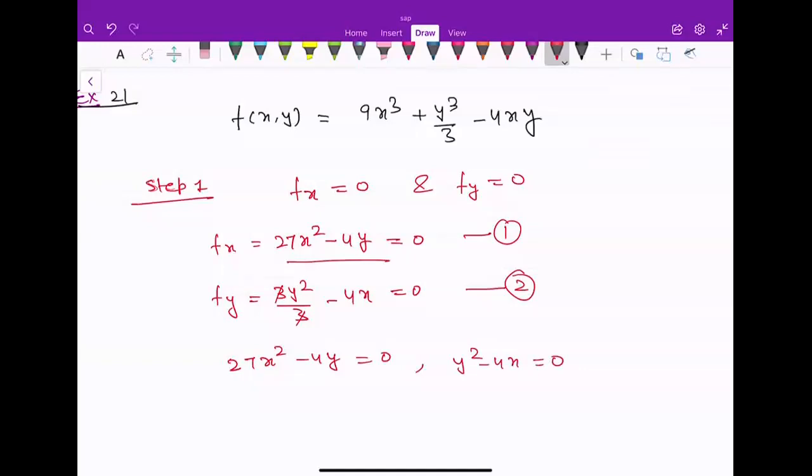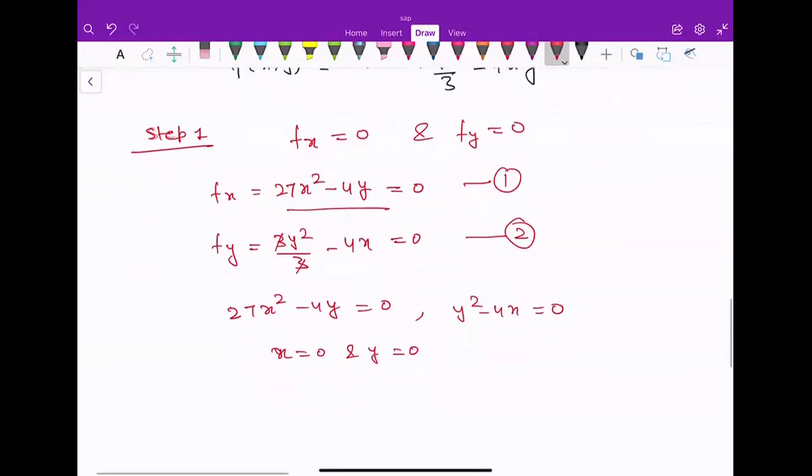When you solve it, y square equal to 4x, and after solving you will get x equal to 0 and y equal to 0, and the second value x equal to 4/9, y equal to 4/3. How to solve? By substitution.